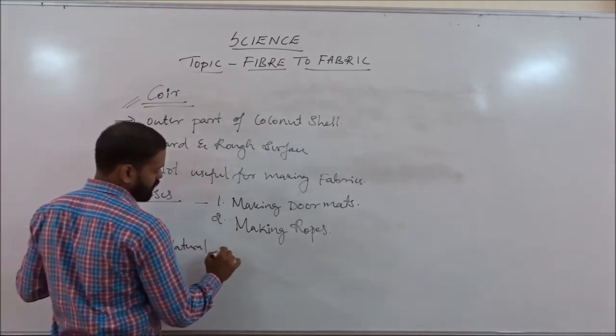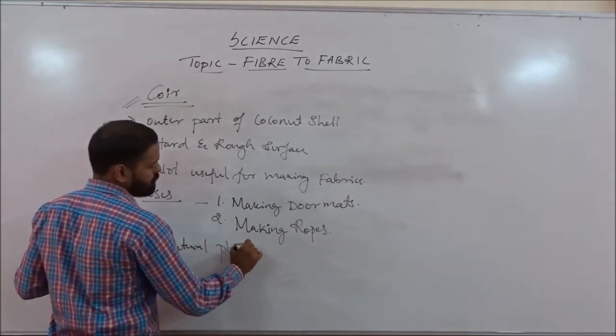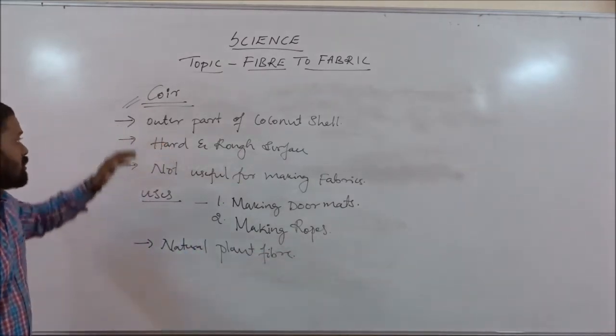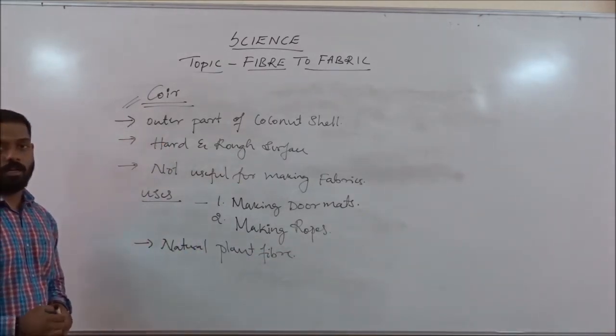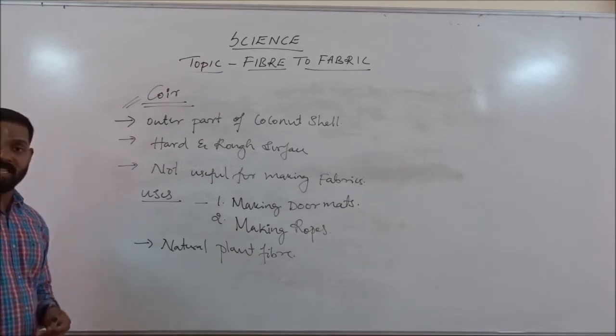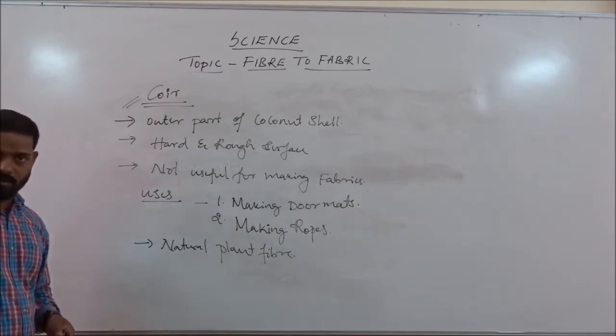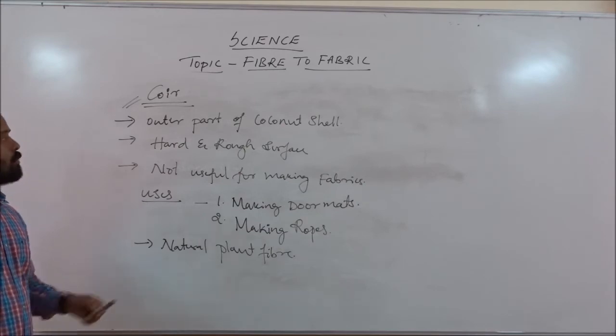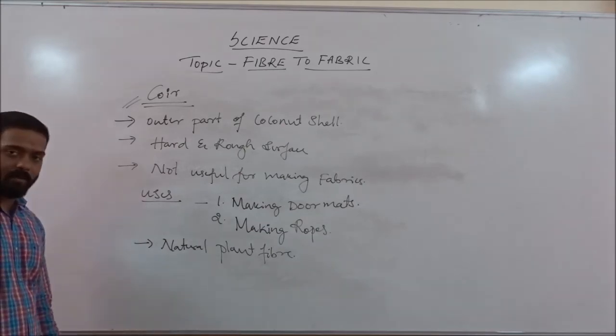This is the information about coir. Hope so we have completed the 4 plant fibers: cotton, next jute, next flax fibers, and next coir. There are 4 plant fibers.